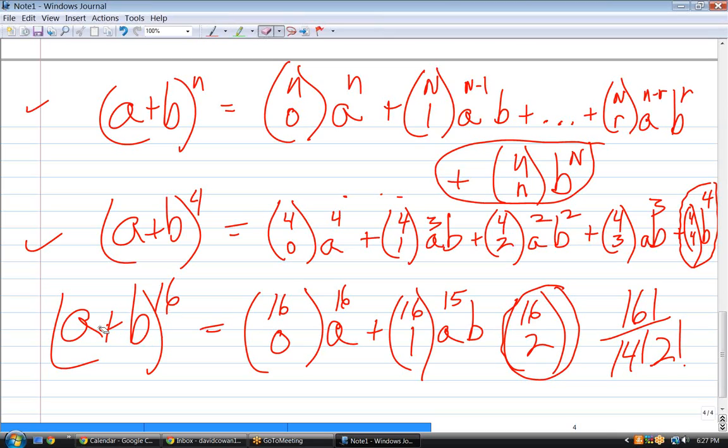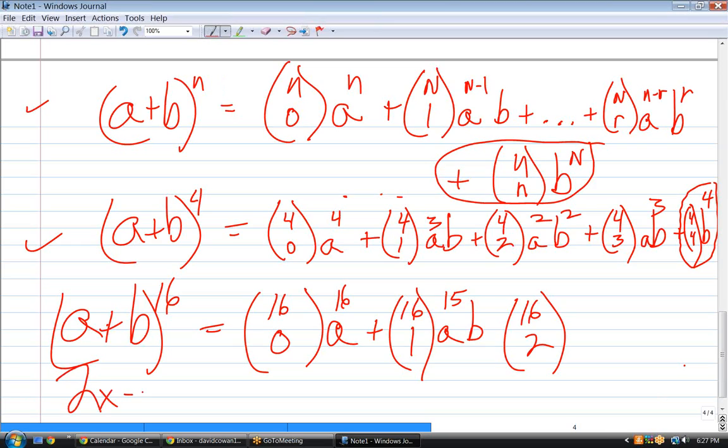Okay, so it's relatively easy if we're expanding a plus b. Where it becomes tougher to figure out the coefficient is if you're expanding something like 2x minus y squared to the 4th power.